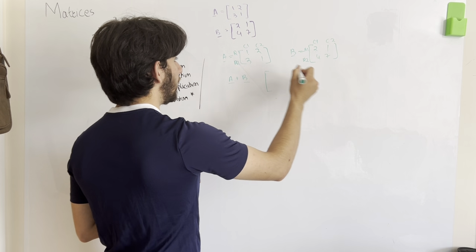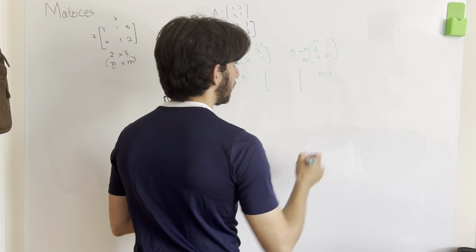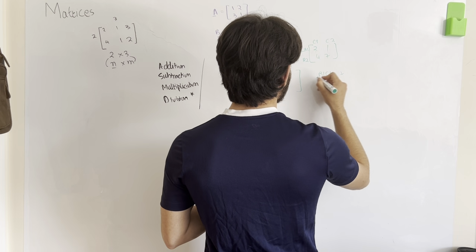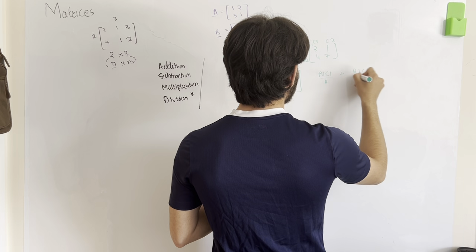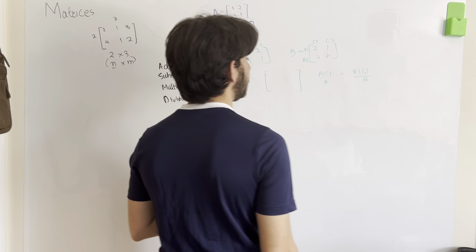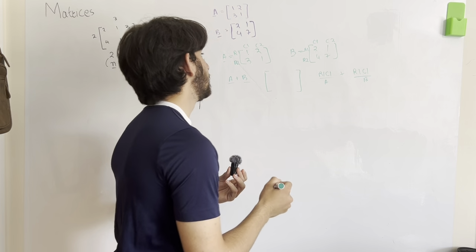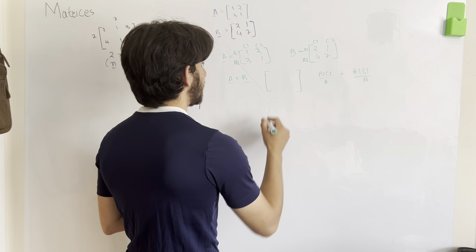It's just going to be R1, C1. So the first row, first column in the first matrix, A, and R1, C1 in the second matrix, which is going to be B. So clearly the first element, which is row 1, column 1 in the matrix A, is going to be 1.